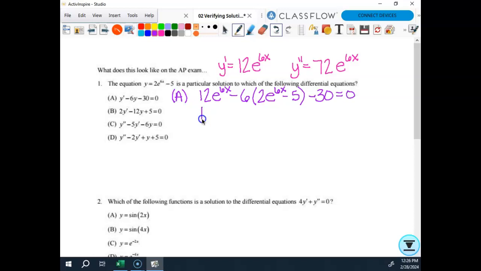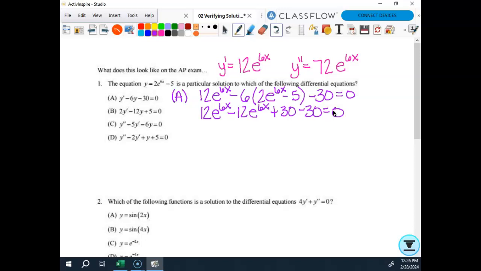So 12e to the 6x, when I distribute, I get negative 12e to the 6x plus 30 minus 30 equals 0. Now, this is a multiple choice question. Nobody's checking your work, so we don't have to go any farther. Is this a true statement? Yes.